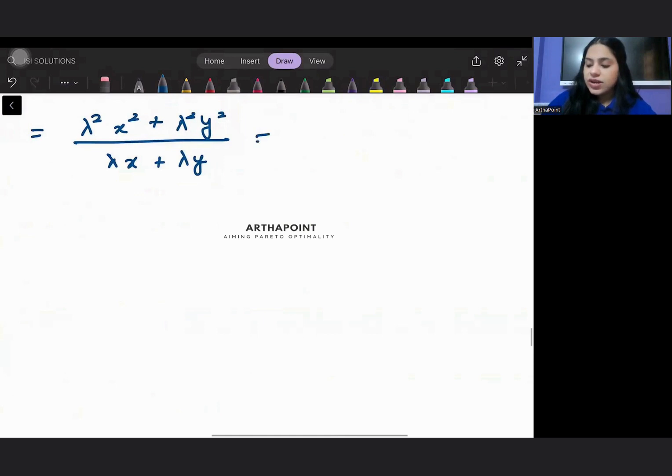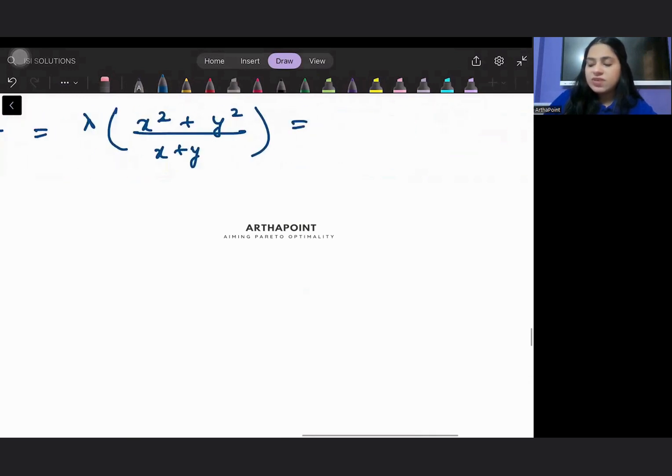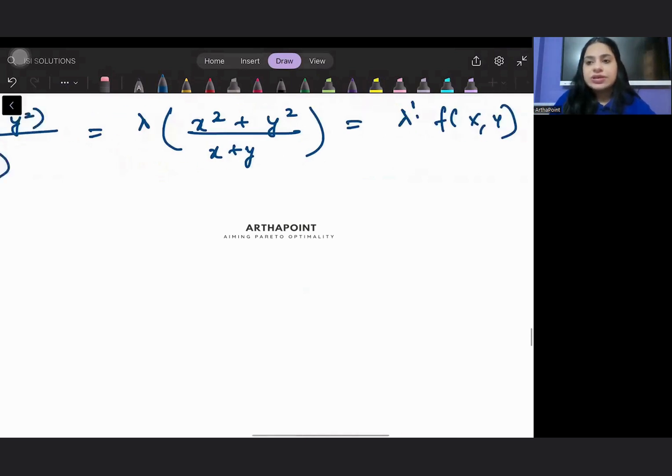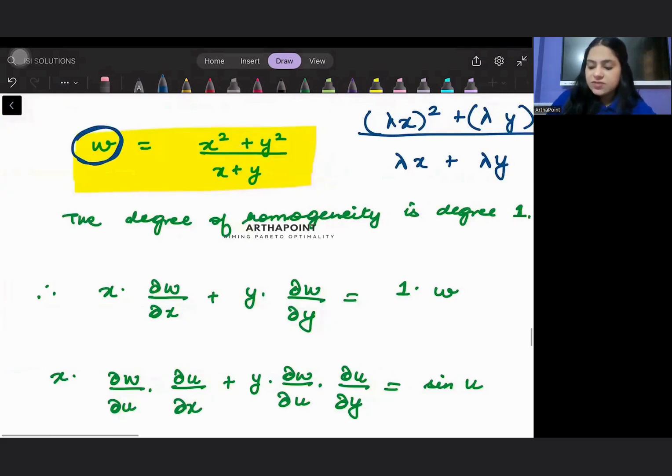Taking lambda square common in the numerator and lambda common in the denominator, this gives lambda into the function. So the power of lambda is 1, and the degree of homogeneity of w is 1.